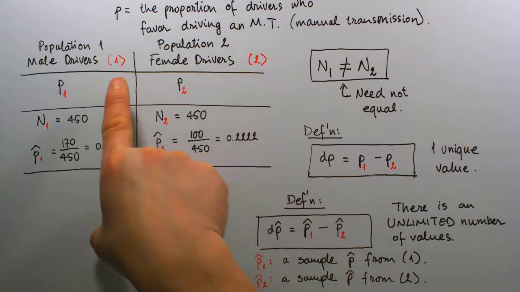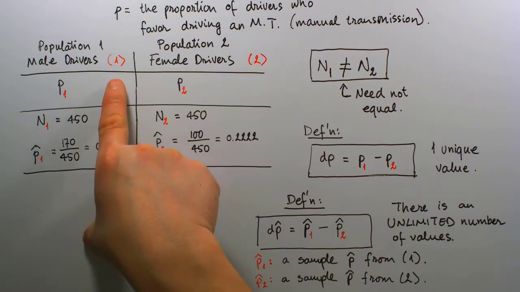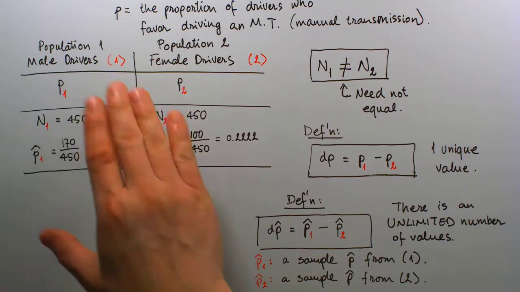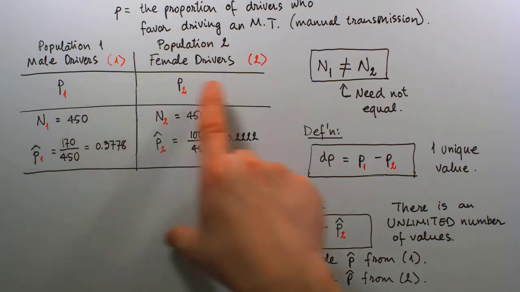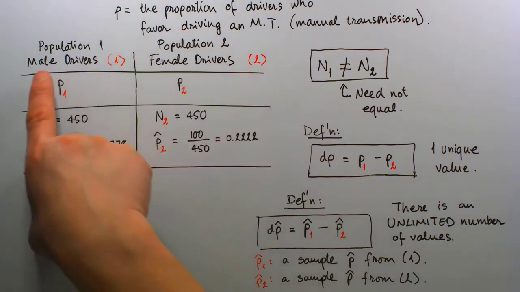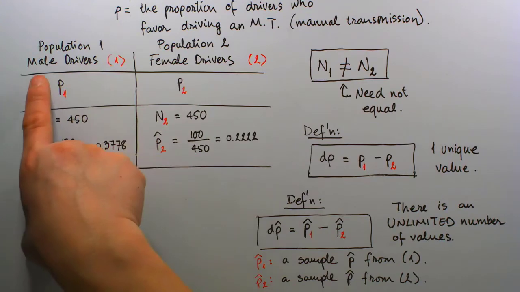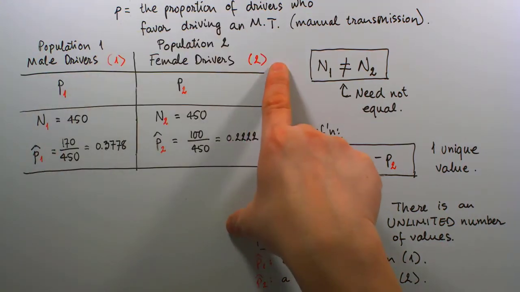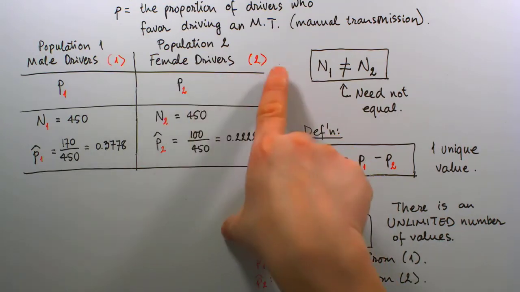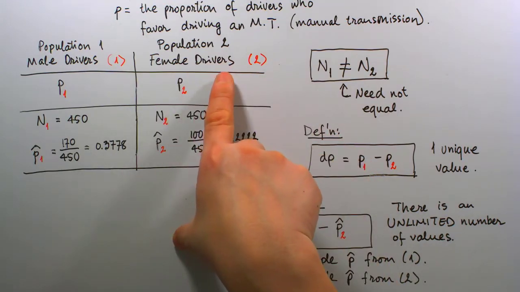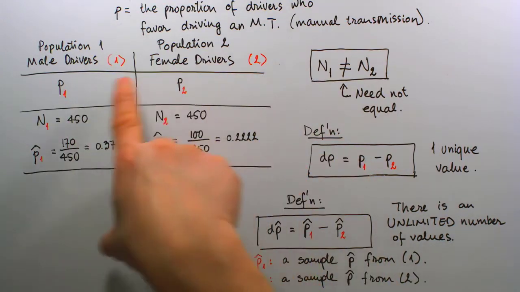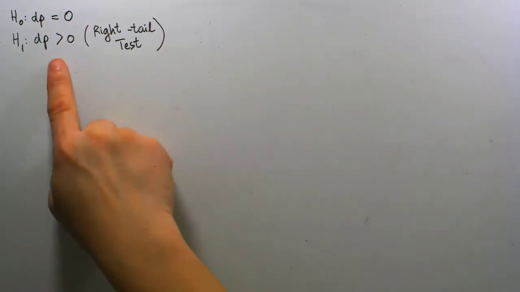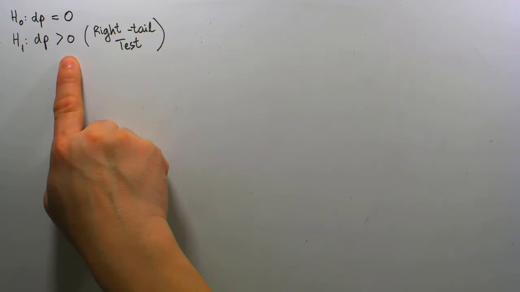Right from the beginning, when I was going over the general description, I decided to assign numerical label number 1 for the male drivers population, and numerical label number 2 for the female drivers population. And that's how it resulted in our alternative hypothesis becoming the right tail test.